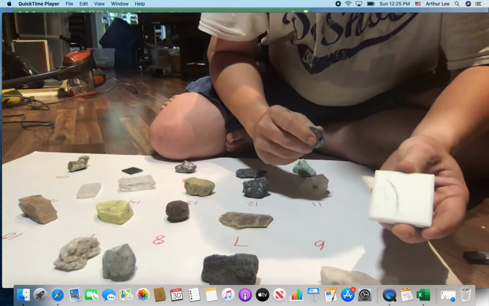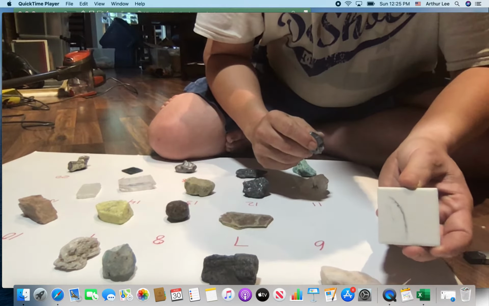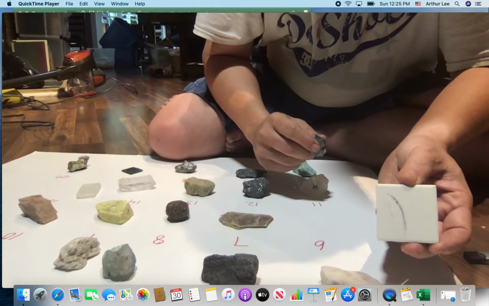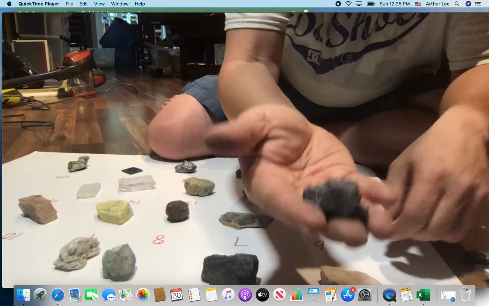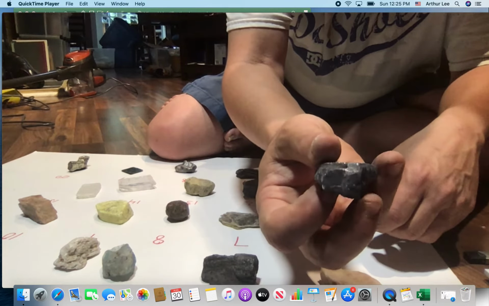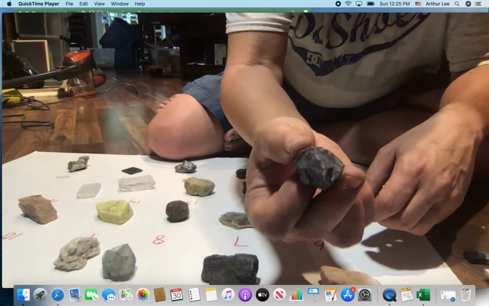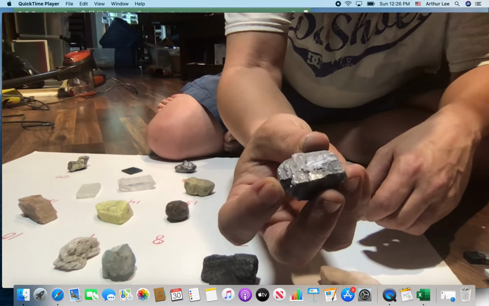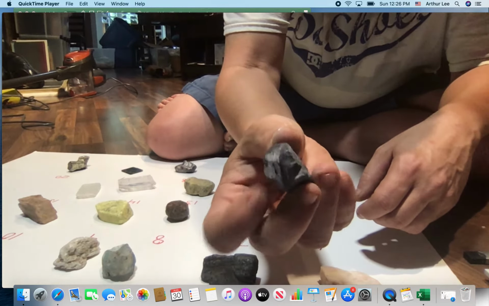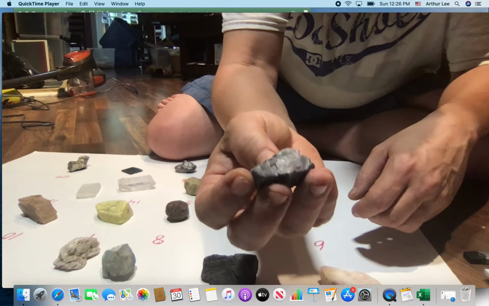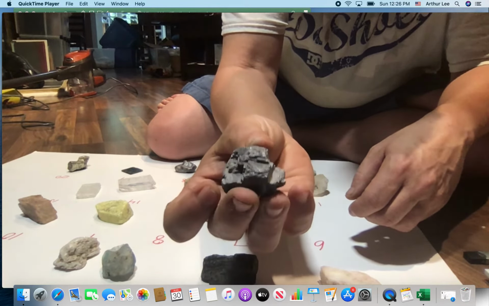Gives you a dark gray streak. It's very heavy for its size. That means it has a high specific gravity. Try and fill out that chart and figure out what this one is.